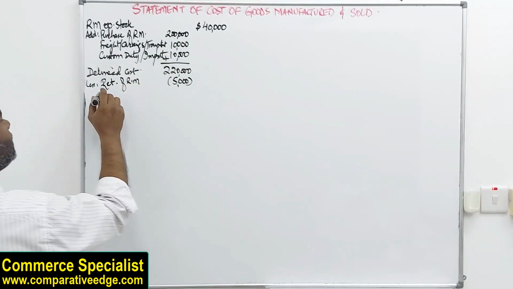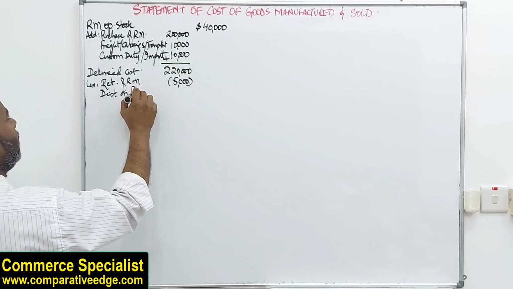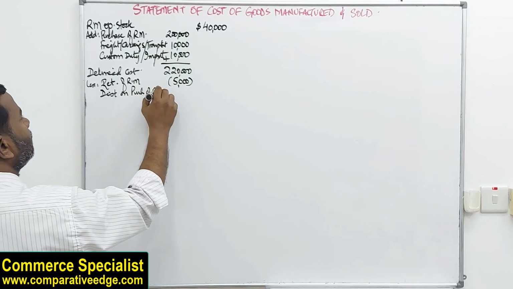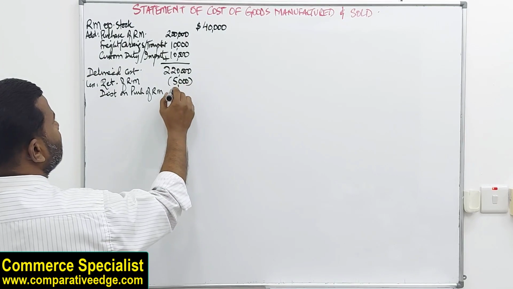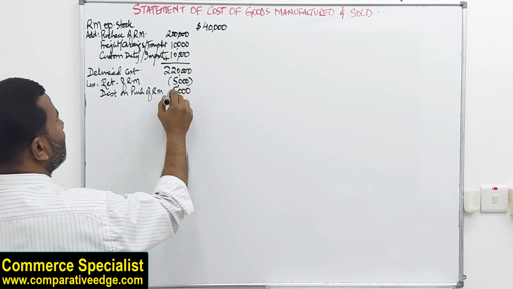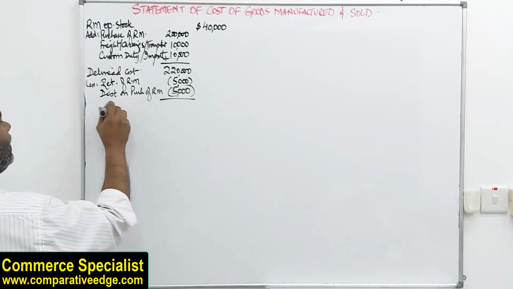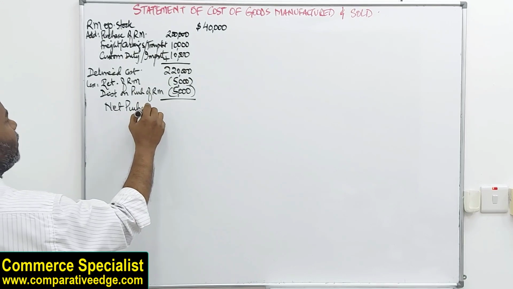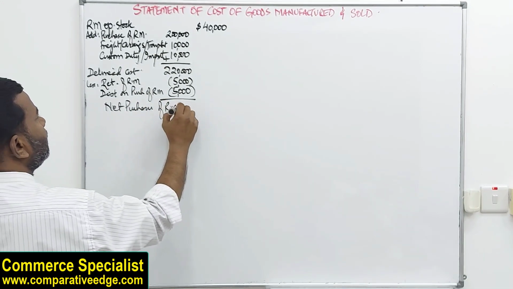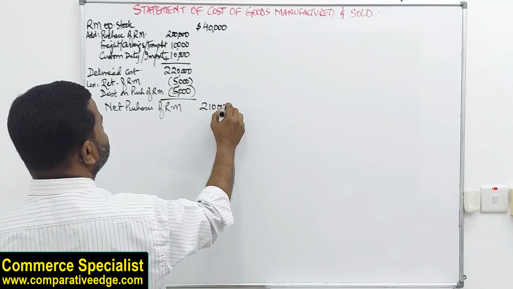And we also got some discount on purchase of raw material, let's say that happens to be another 5,000. So when we minus 10 from 220, we will get net purchase of raw material, 210,000.